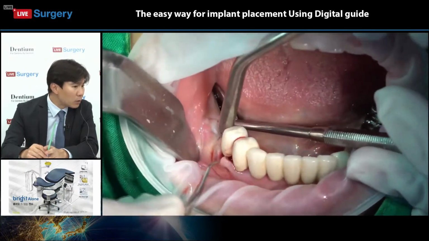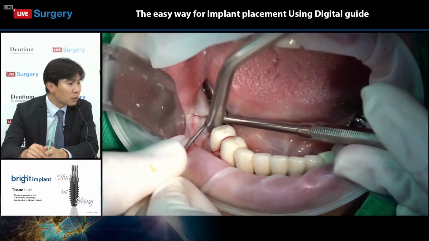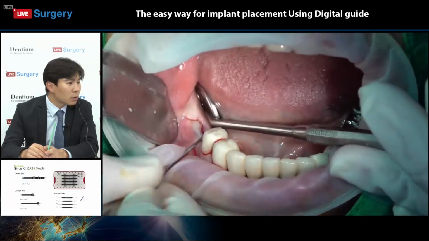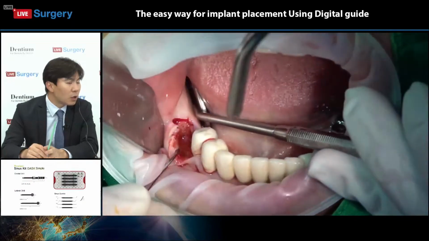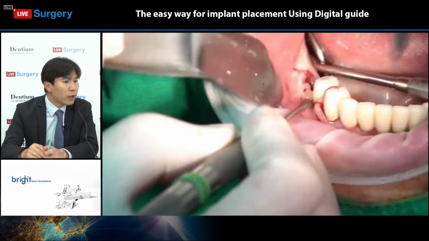I think there was a tooth remnant. And he is severing the attachment using a curette.